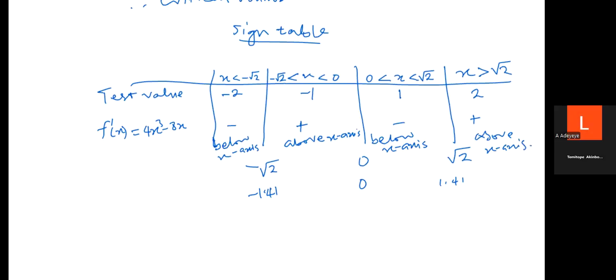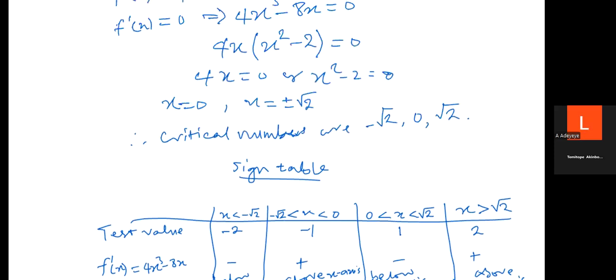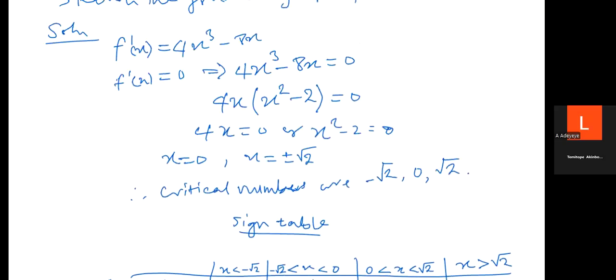Or do you need to copy this one? I need to copy the one on the board. Okay. Copy this quickly. I already got that. It's just a sign table. So copy the sign table now.